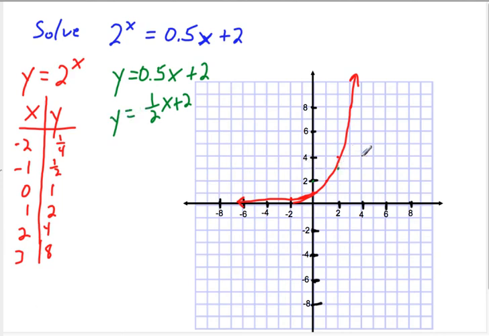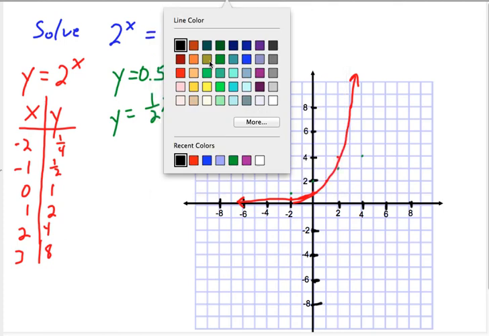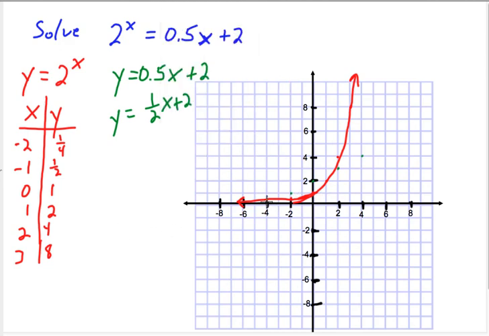Up 1, right 2. And so it looks something like, let me get my line here. Something like that.